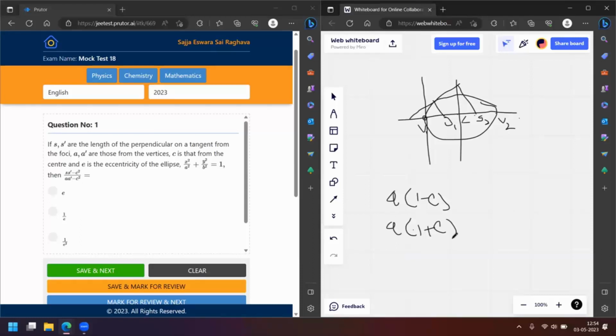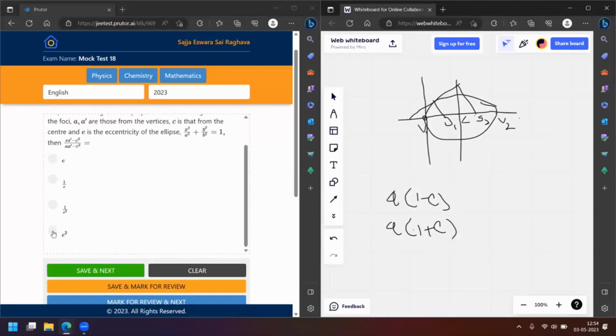You can get C as 0, as A is the distance from the vertex given and A dash is the distance from the other vertex. If you substitute that, you will get the answer as E square.